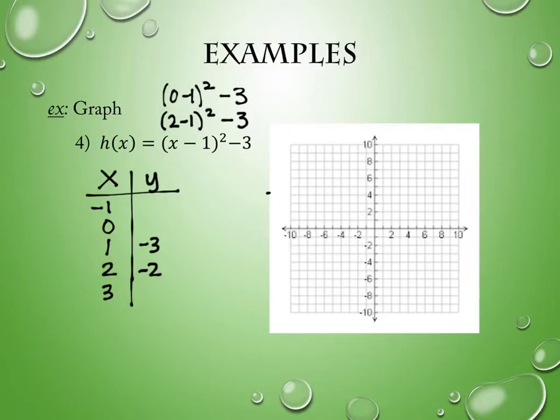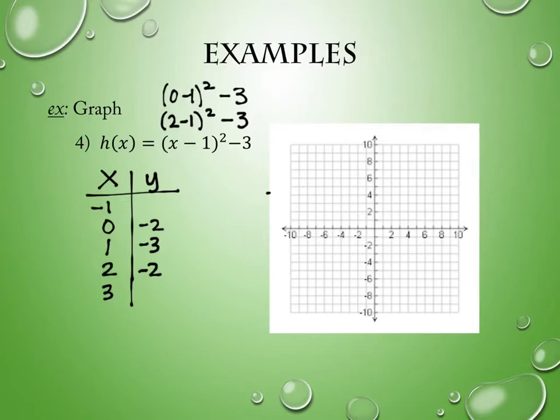Negative 1. But what's negative 1 squared? 1. It's positive again, right? 1. And 1 minus 3 is negative 2. Do you see the symmetry? Good. Symmetry should be happening. If it's not, you've either made an error in your calculation or an error in the choice of your points.